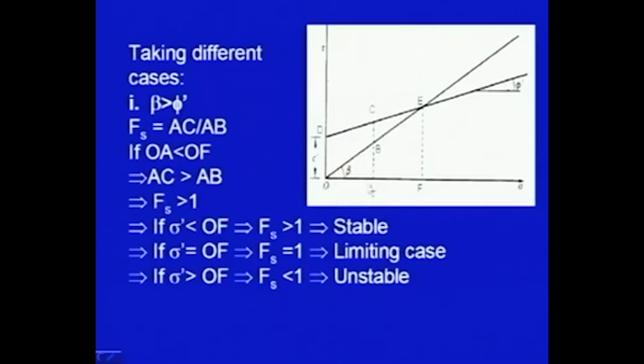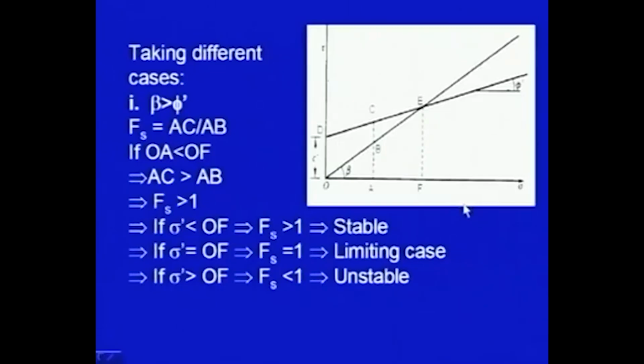When point A reaches at F, here AC and AB both will be equal and it will be a limiting case. So, factor of safety is exactly equal to 1, it is just at the verge of failure. And if sigma dash, if this point OA comes somewhere here, in other words, if sigma dash is higher, then the factor of safety will be less than 1, because now you will be taking ratio of this and this.